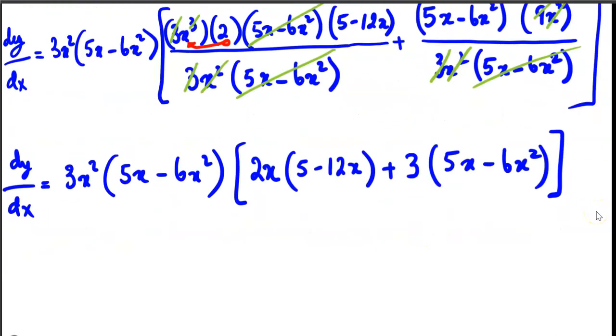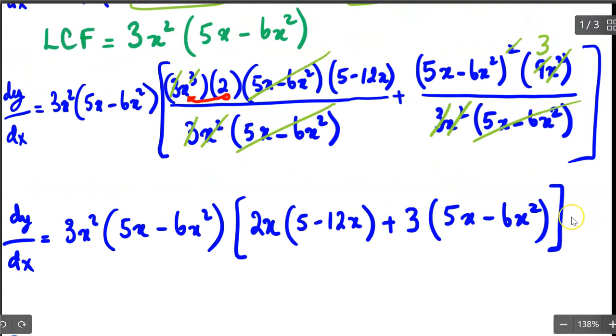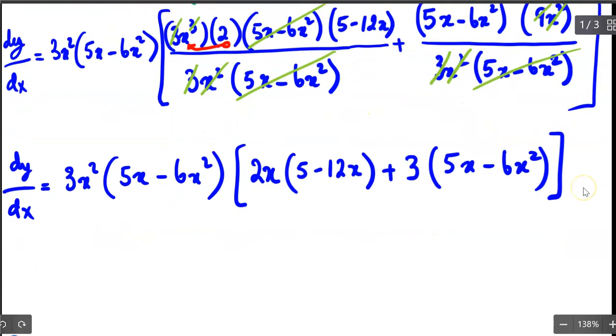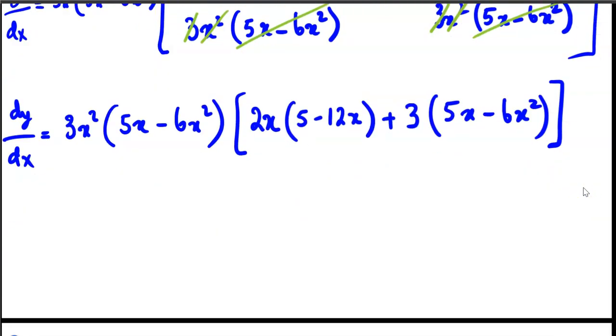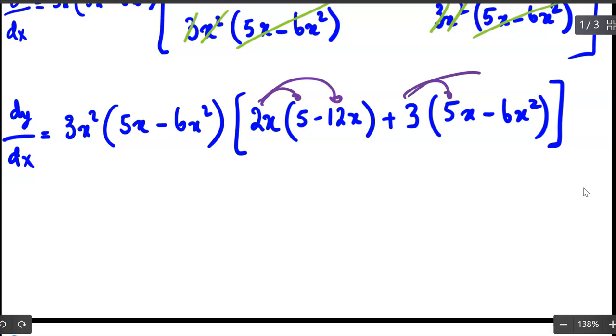So whenever we are not sure and we don't want to guess, and if we end up with the wrong answer, we should perform this step to make sure that we divide this common factor into each of these terms correctly. So my next step is I will multiply or expand or distribute the term so that I can simplify what I see inside the bracket.